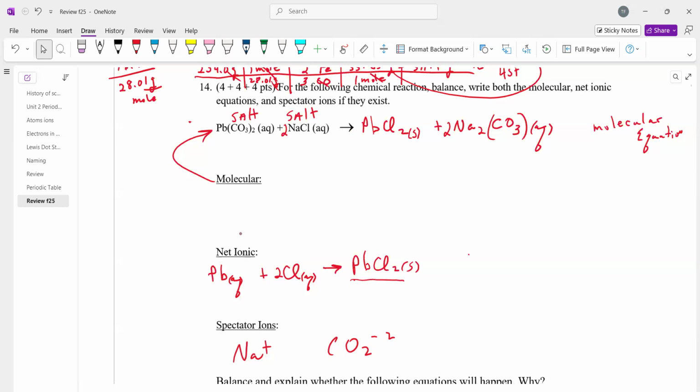Is that balanced the way I have it written? Okay, everyone, let's check to see if that equation's balanced. It may not be.